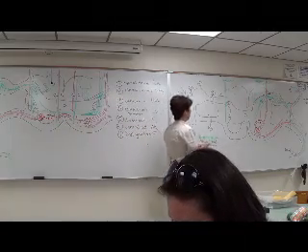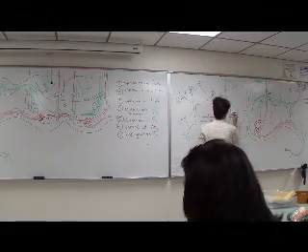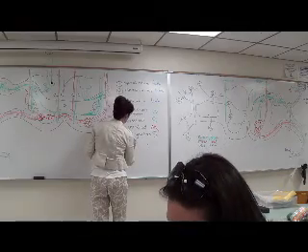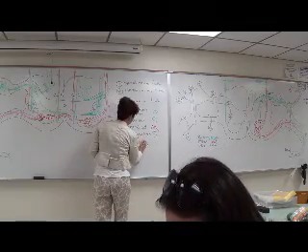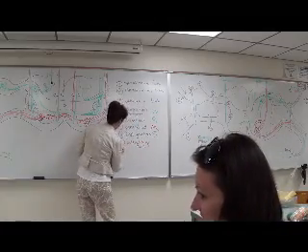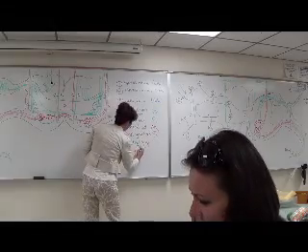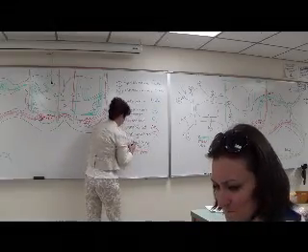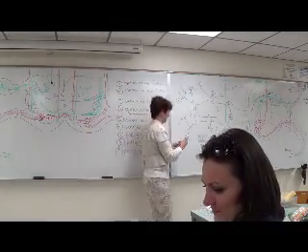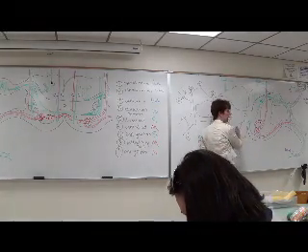Then we have our lateral gray horn. And the lateral gray horn and the anterior gray horn are both motor. All of this area here is anterior gray horn.